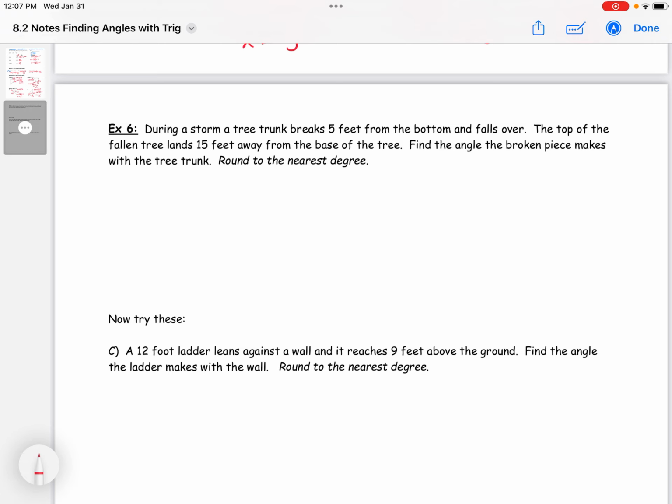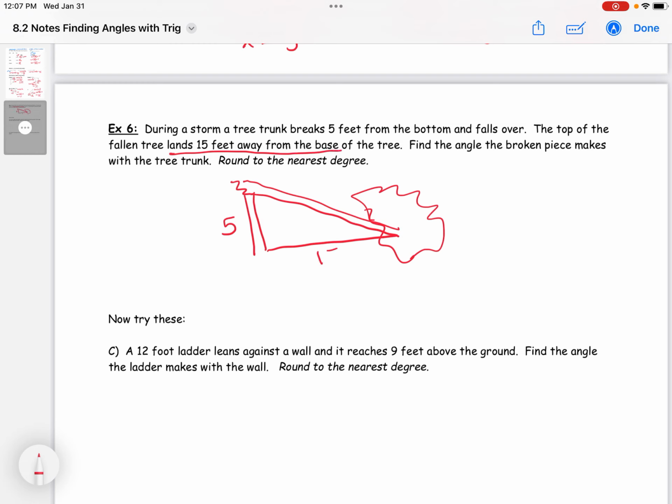Remember when we have word problems, there are always right triangles. So here's my right triangle. This is my tree, and part of the tree trunk broke, and the top of the tree now is going like this. This is 5 feet, and 15 feet away from the base of the trunk is right there. Find the angle the broken piece makes with the tree trunk.